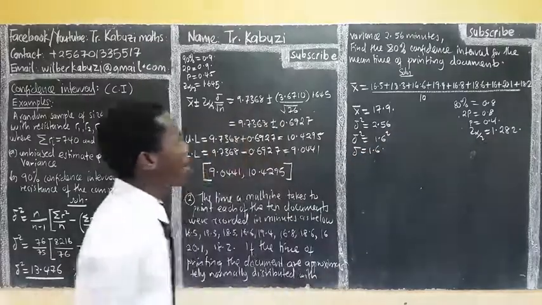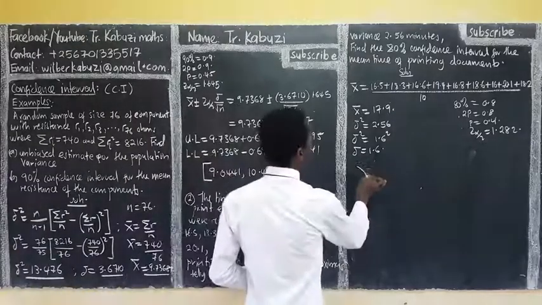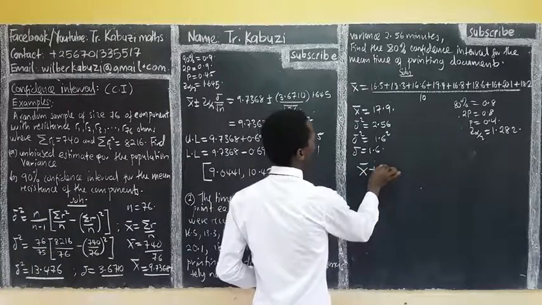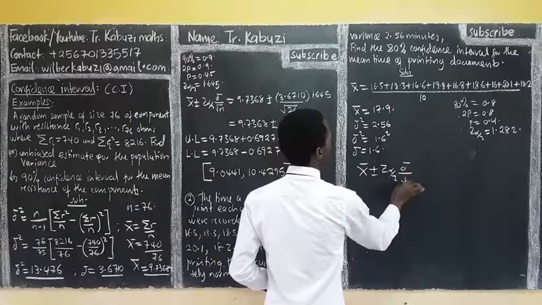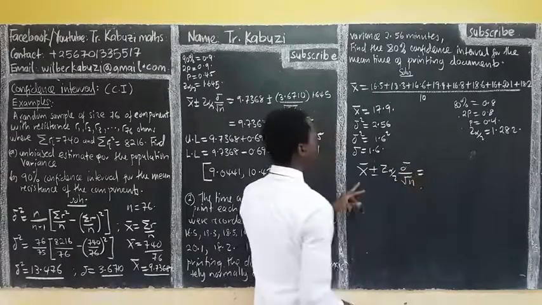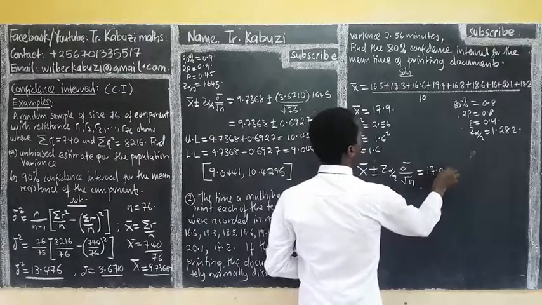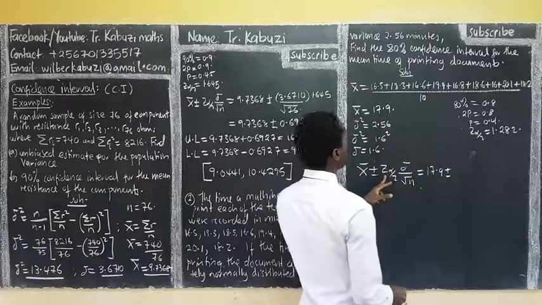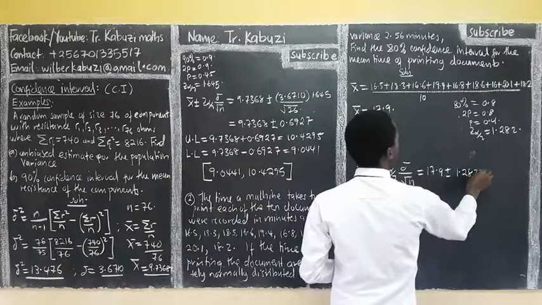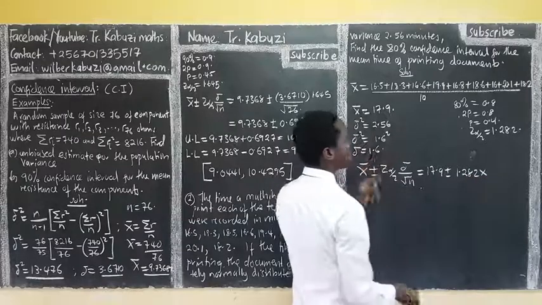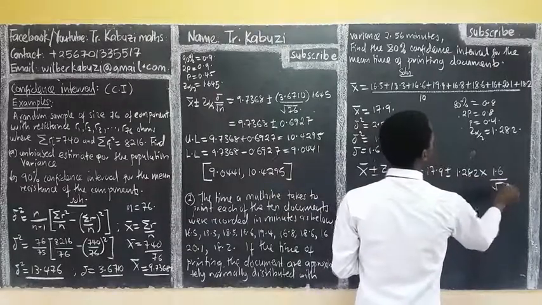So to get our interval, it's very easy. We write it like this: x bar plus or minus z alpha over 2 times sigma over root n. Now we have our mean, 17.9, plus or minus our z alpha over 2, 1.282, times our standard deviation 1.6 over root n.